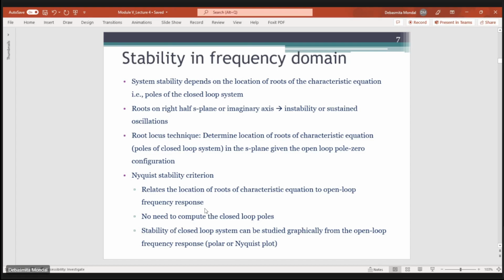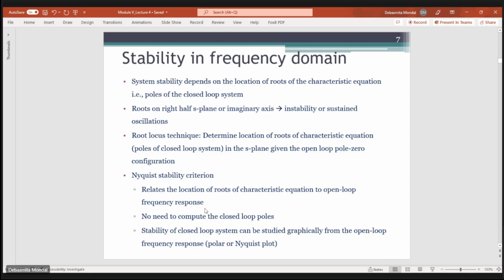So we know that in the time domain, if we want to analyze the stability of a system, we use either the Routh-Hurwitz criteria or the root locus method in order to comment on the stability of a system, right? The system stability depends on the location of the roots of the characteristic equation. The roots of the characteristic equation are nothing but the poles of the closed loop system.